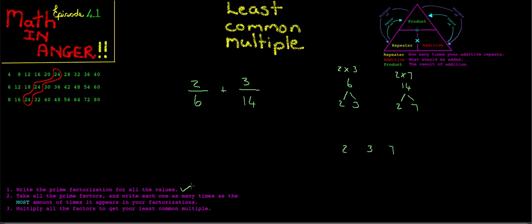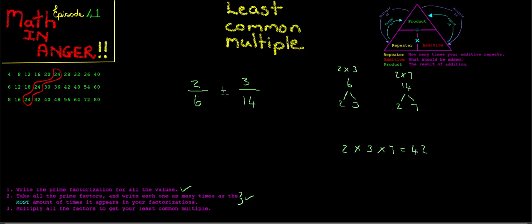We wrote them down as many times as they appear the most amount of times. In both of these, 2 appears only once, 3 appears only once, 7 appears only once. If any of these appeared more times, we would write it down as many times as it appeared, and then we do our multiplication, and that gives us 42.